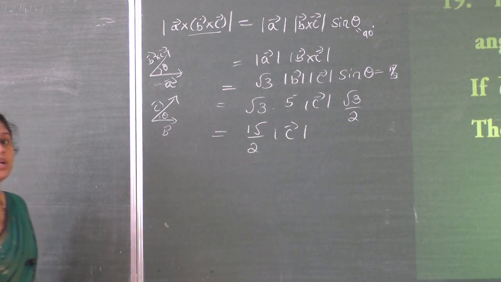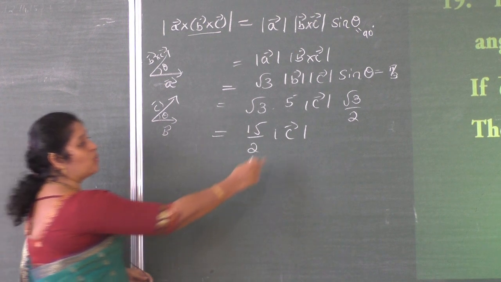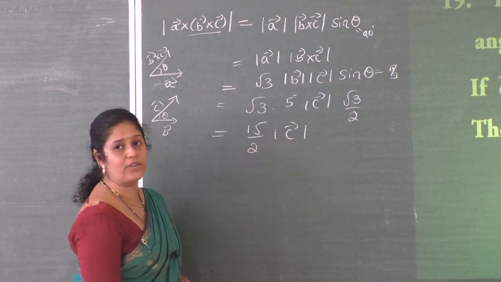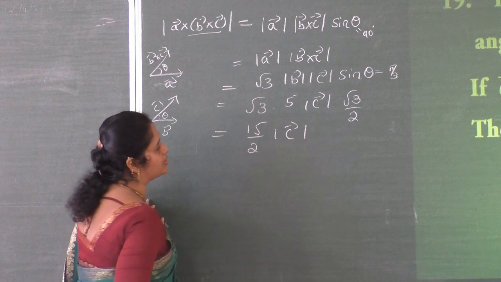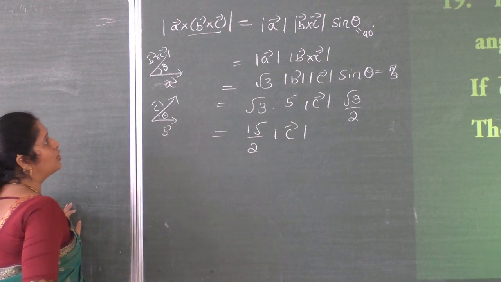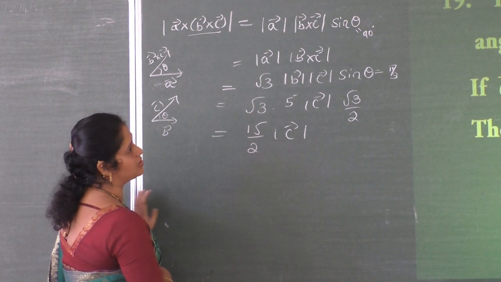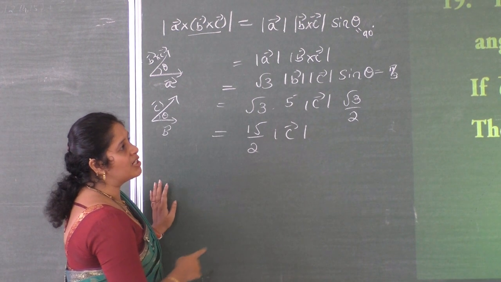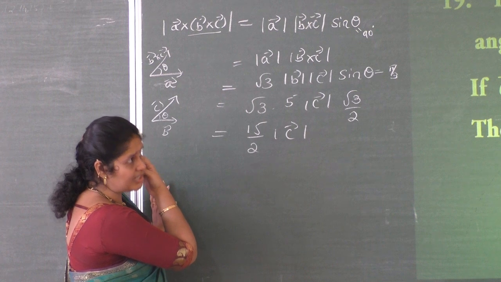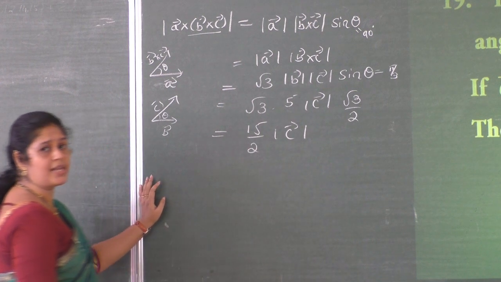Now if we get the value of the magnitude of vector C, then we will get the magnitude of vector A cross vector B cross vector C. One condition is remaining, that is vector B dot vector C is 10.